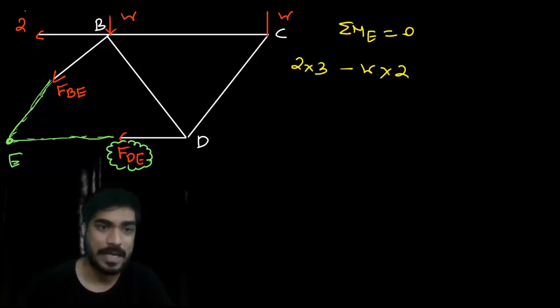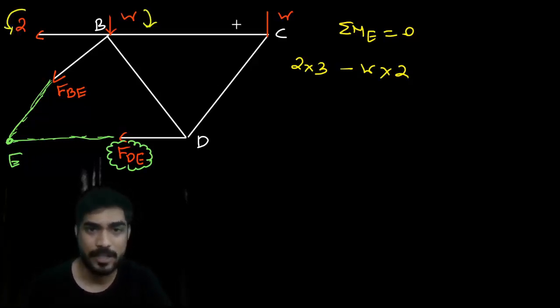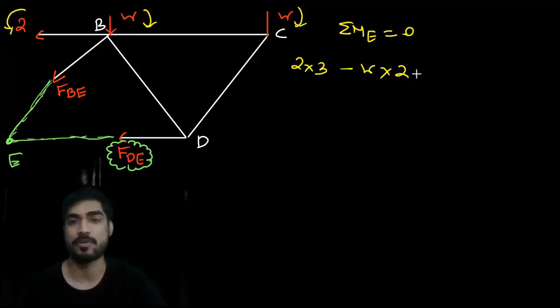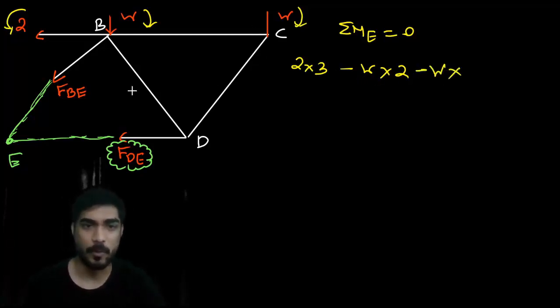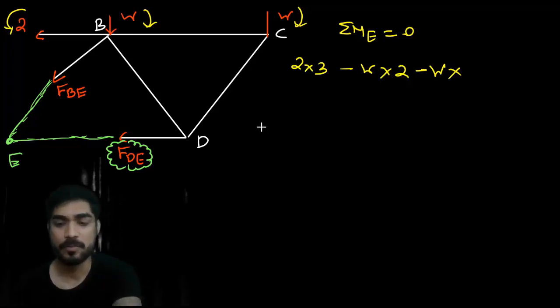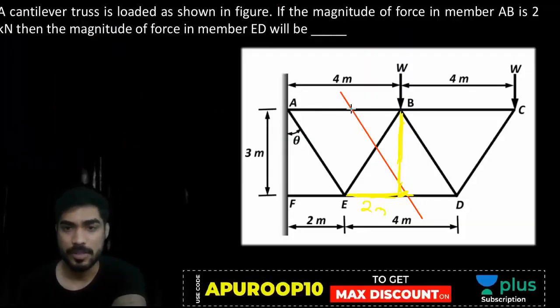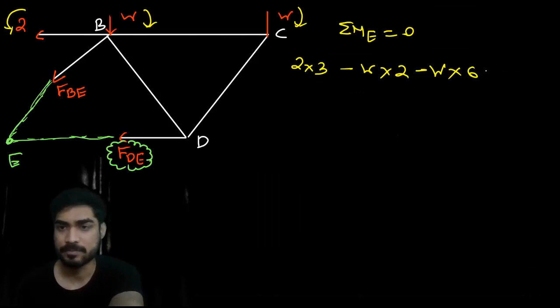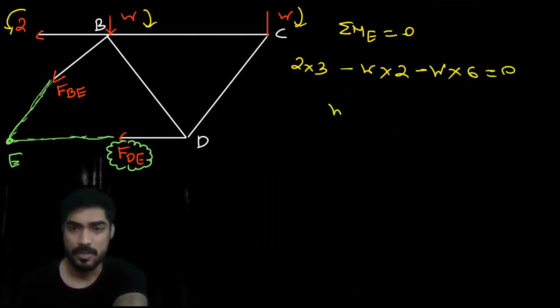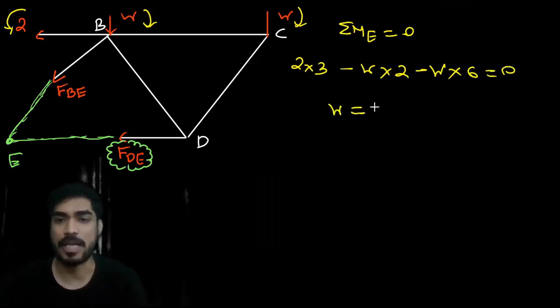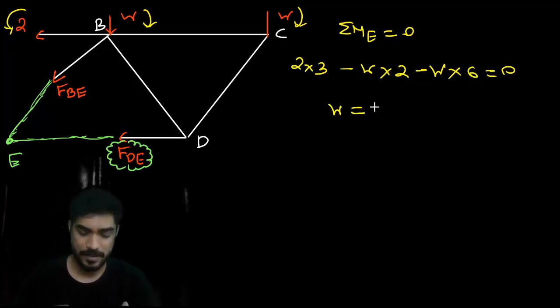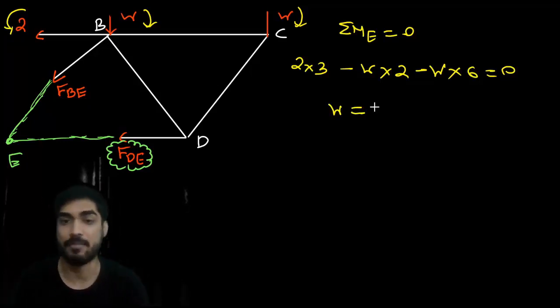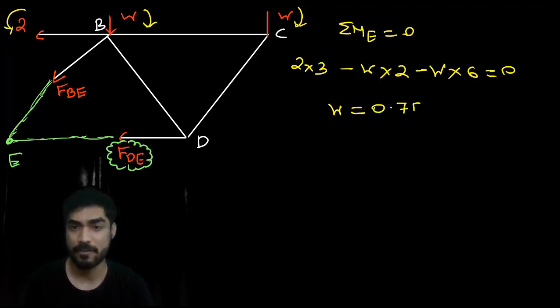So 2 into 3 minus W into the distance, 4 plus 2, 6, equals 0. So W is 6 by 8, 0.75.